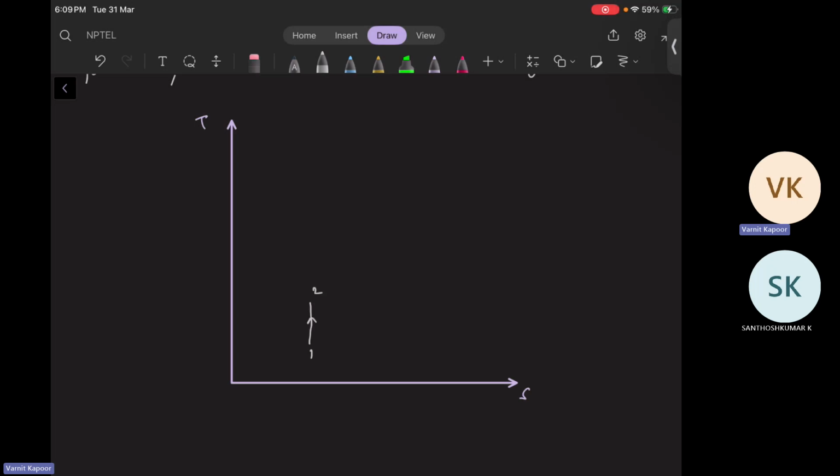Then we are decreasing the temperature, but at the same pressure. Then we again increase the pressure as well as temperature by passing through another compressor, 3 and 4.